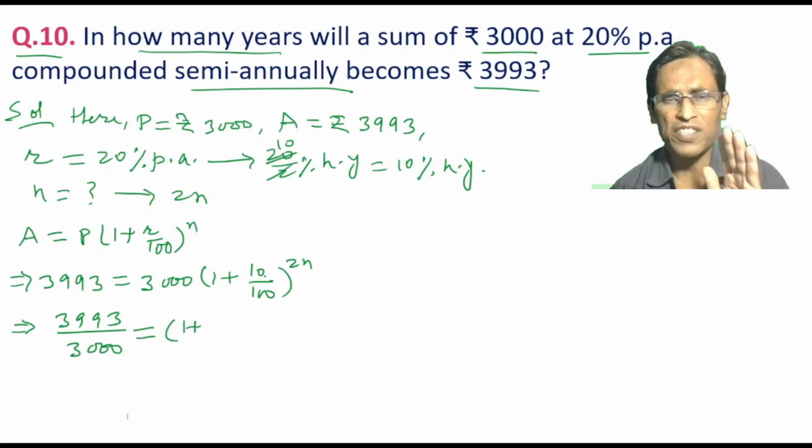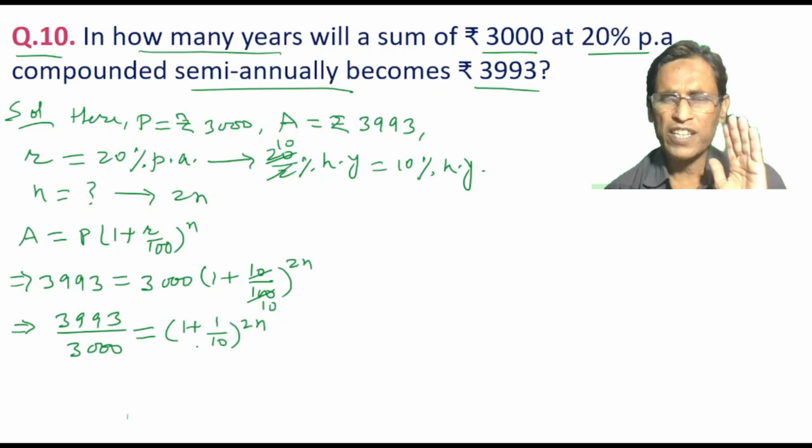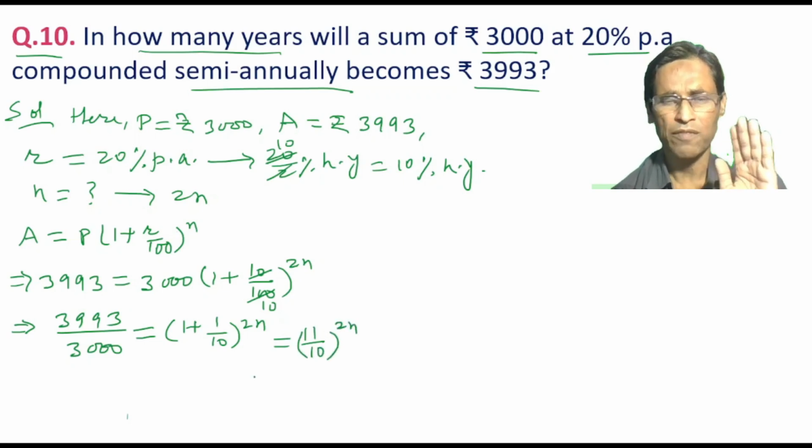In RHS here we see 10 by 100 and 10 can divide 100 in 10 times, so we have 1 plus 1 by 10, therefore 1 plus 1 by 10 to the power 2n. By simplification we get 1 plus 1 by 10 is 11 by 10, so it is 11 by 10 to the power 2n.